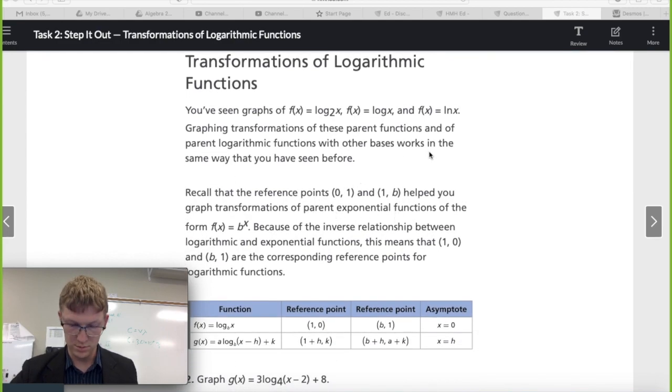We used the reference points 0, 1, and 1, b to help you graph transformations of parent functions of exponential functions. So here we're going to use similar things, except since we're doing the inverse, this is going to get flipped around.